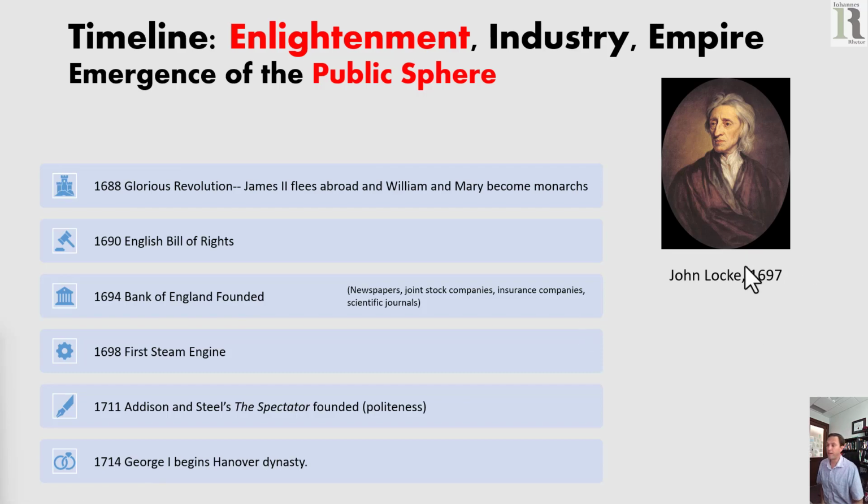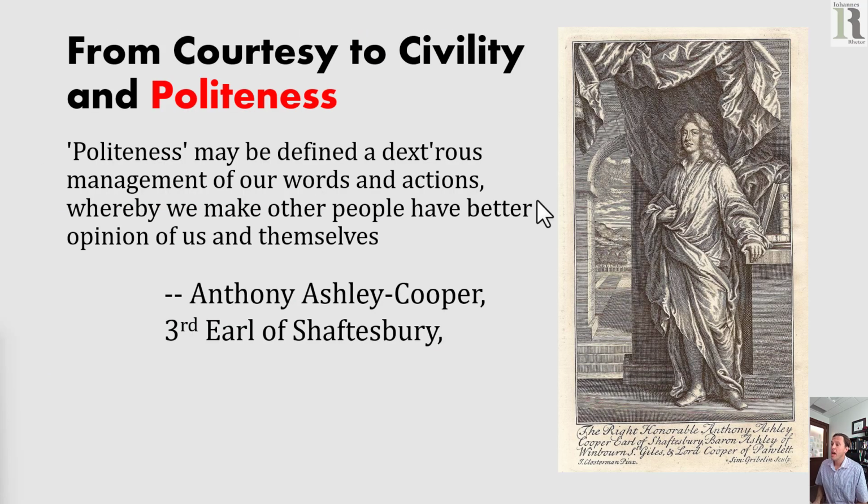Obviously, he had a lot of effect on our own constitution over here in the United States and on the development of science and philosophy. Another important development in society at this time was the development out of courtesy, which was the mode of behaving at court and being a courtier, a shifting mode of elite self-performance to what came increasingly to be called civility and politeness.